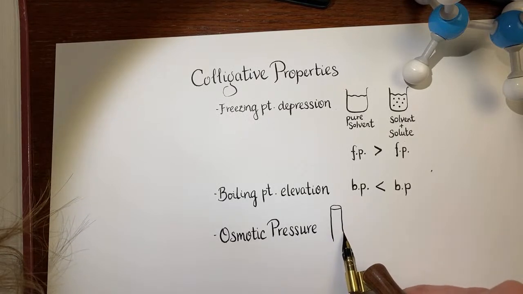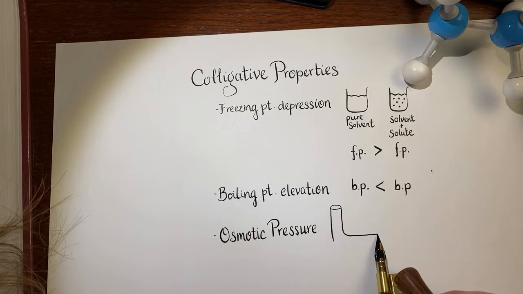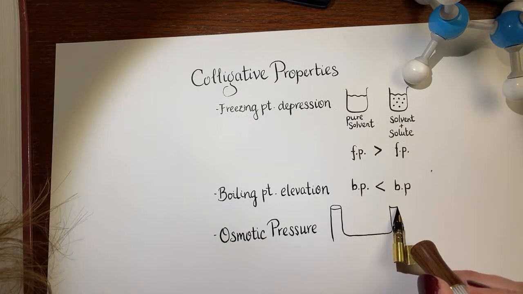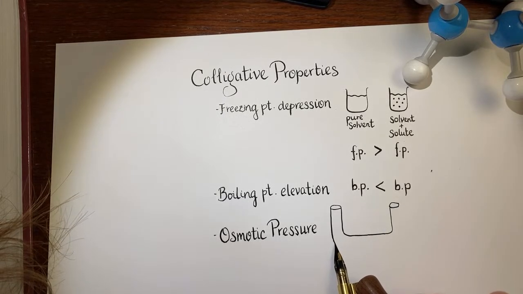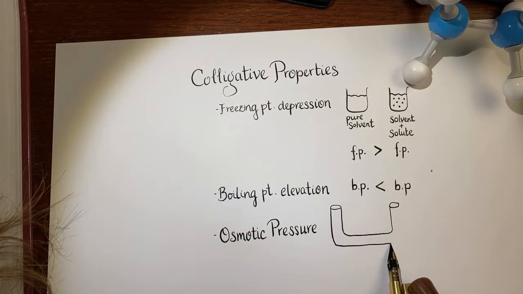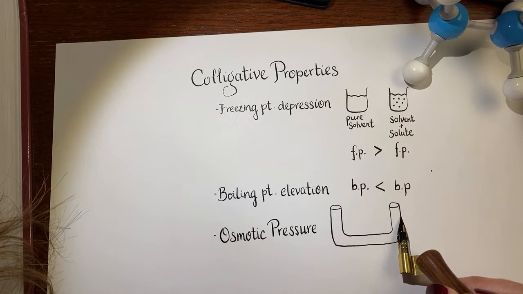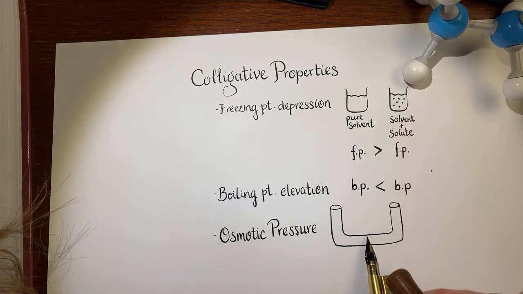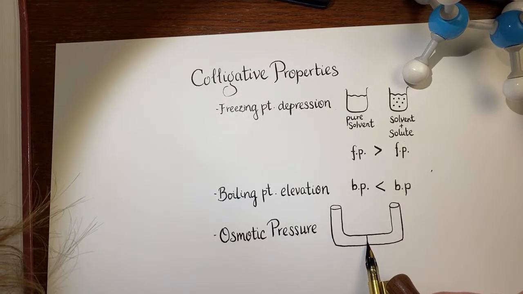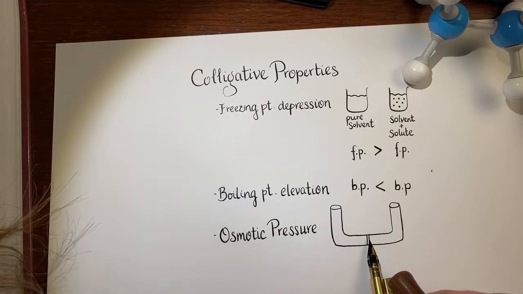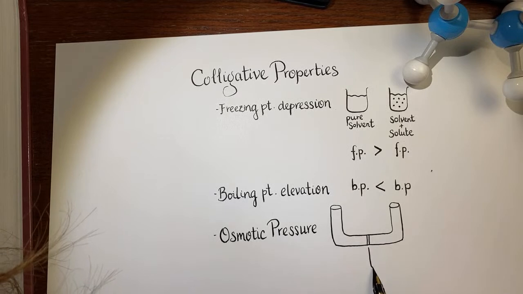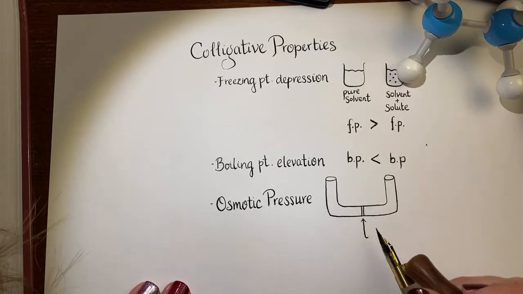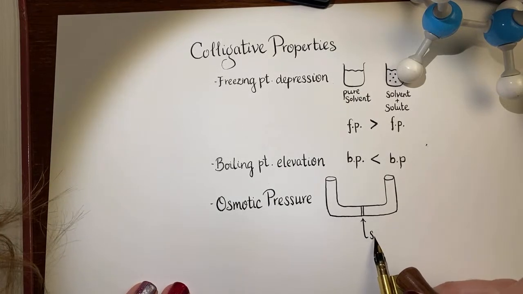So imagine you have a test tube here, but you had a very clever glass blower who was able to make this tube bent and have two open sides to it. So it looks kind of like this. And these two ends are open to the atmosphere. And there's a separator here that is what we call a semi-permeable membrane.